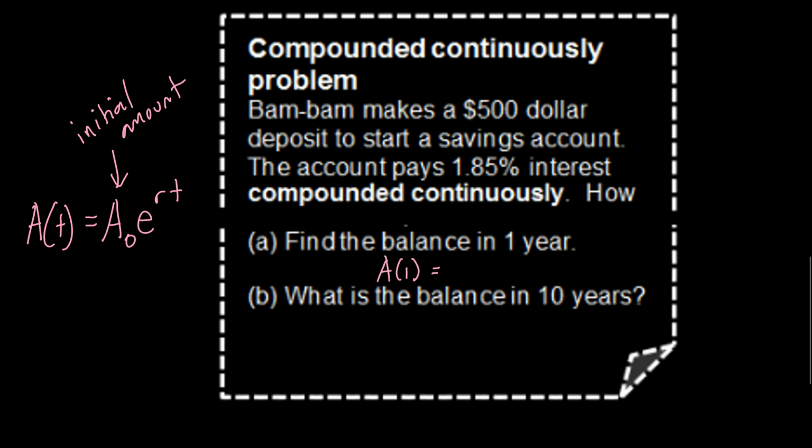Our initial amount is how much? 500 times e raised to the rate, which is what? Now remember, this is compounded continuously. We do not need to add 1. 0.0185 times the time, which is 1.